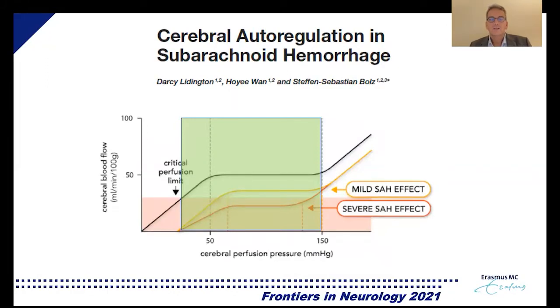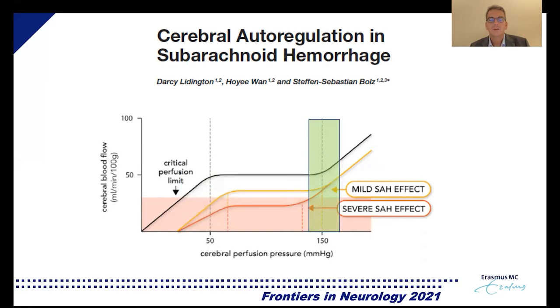However, when there's a subarachnoid hemorrhage, the autoregulation curve shifts. In the green, you see the normal area where, depending on mean arterial pressure, cerebral perfusion pressure is adequate. But in pathologic states, such as mild or severe subarachnoid hemorrhage, you see that the autoregulation curve is shifted and the cerebral perfusion pressure, and thus the blood pressure, should be increased.